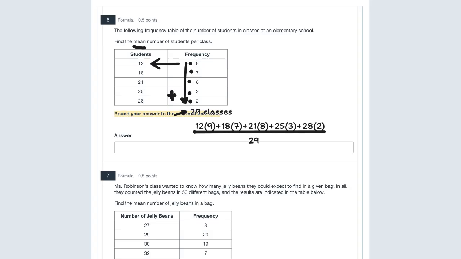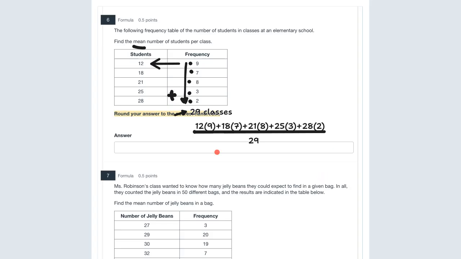My calculator shows me what I've typed in before it equals. I want to make sure it's all correct. 21 times 8, 25 times 3, 28 times 2. Okay. Now that gives me 533. I don't have to write that down, but I'm going to write it down for emphasis here.